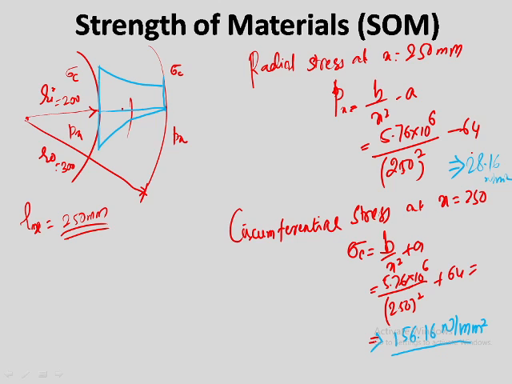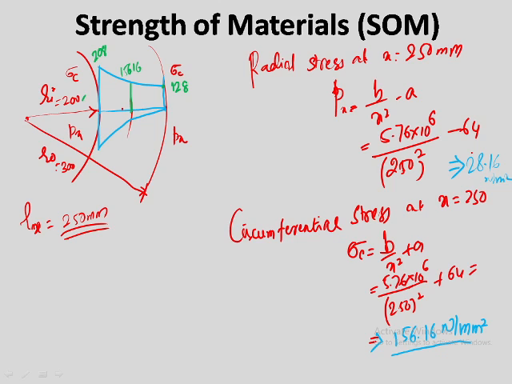At Ri equal to 200, the circumferential stress is 208 megapascal. At R equal to 250, the circumferential stress is 156.16. At R naught equal to 300, the circumferential stress is 128.